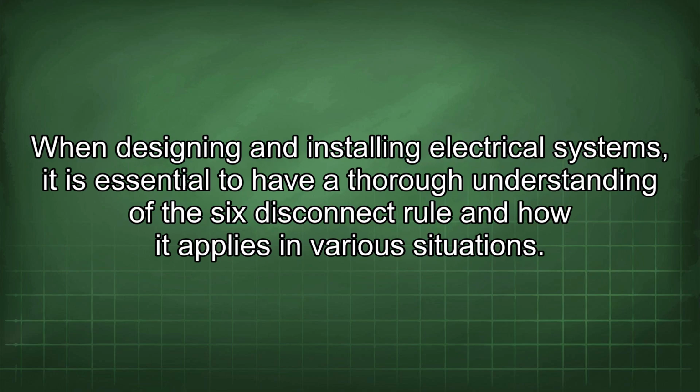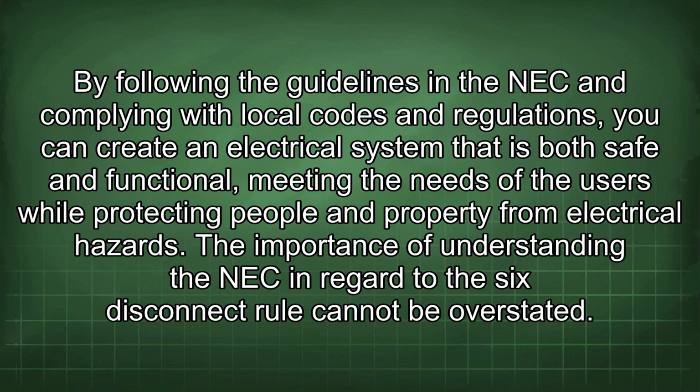When designing and installing electrical systems, it is essential to have a thorough understanding of the 6 disconnect rule and how it applies in various situations. By following the guidelines in the NEC and complying with local codes and regulations, you can create an electrical system that is both safe and functional, meeting the needs of the users while protecting people and property from electrical hazards.